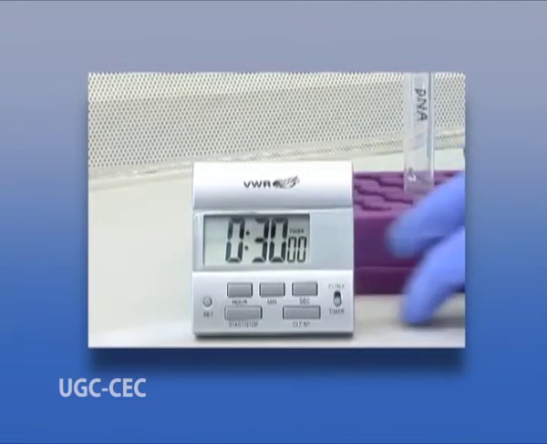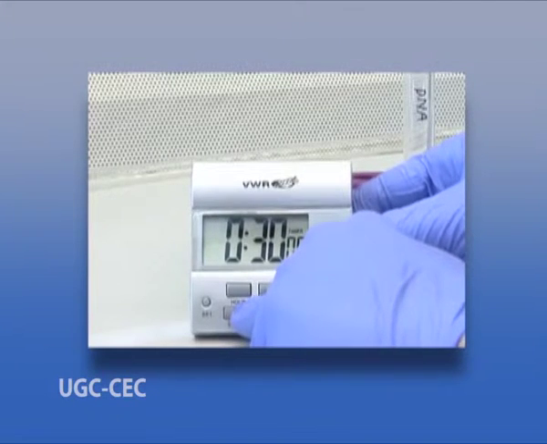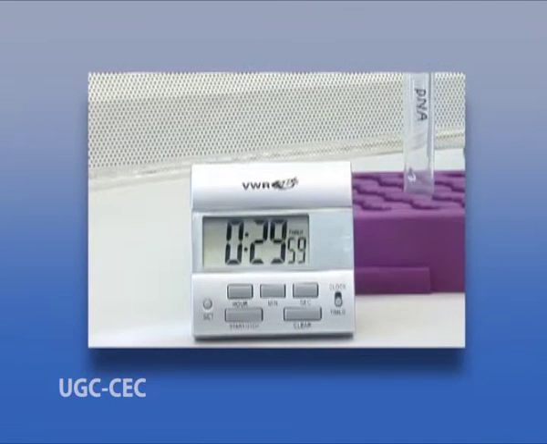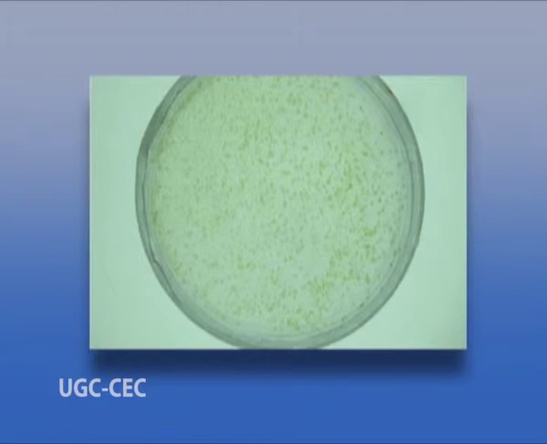As the mixture is incubated, the PEG and the divalent cations destabilize the membrane and render it permeable to the naked DNA. Once inside the protoplast, the DNA enters the nucleus and integrates into the plant cell genome.